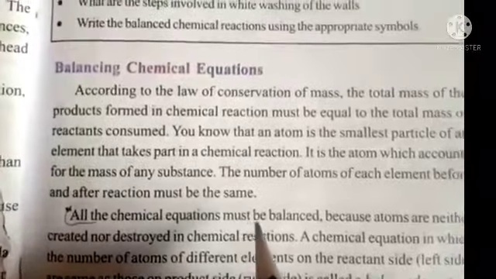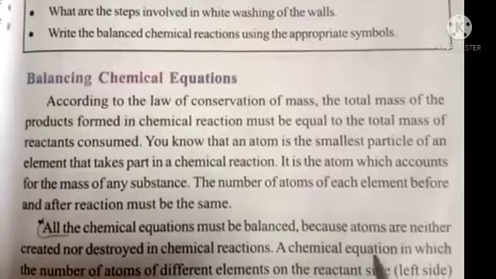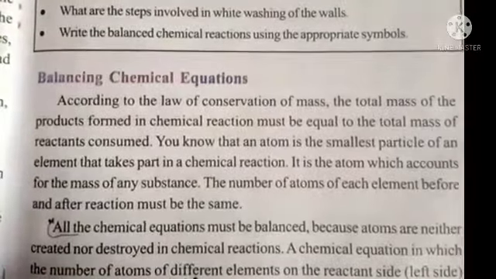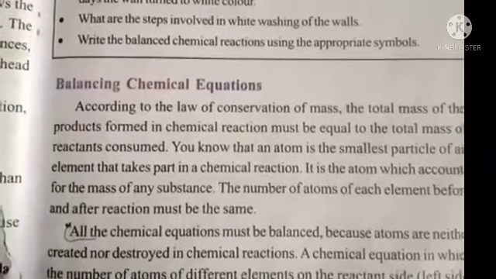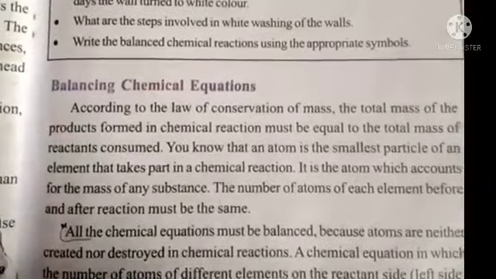All chemical equations must be balanced because atoms are neither created nor destroyed in a chemical reaction. A chemical equation in which the number of atoms of different elements on the reactant side, that is the left side, is the same as on the product side, the right side, is called a balanced reaction. What is that?